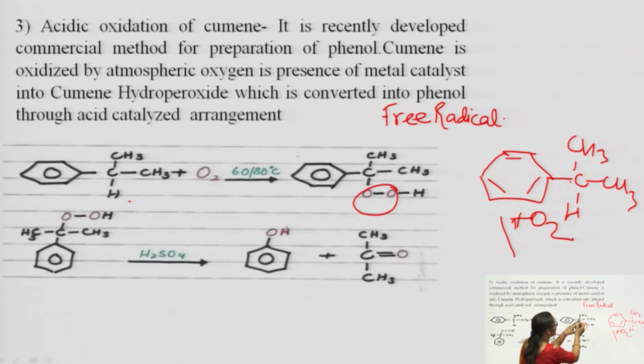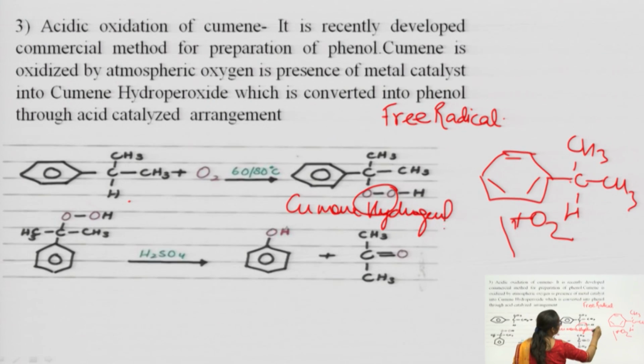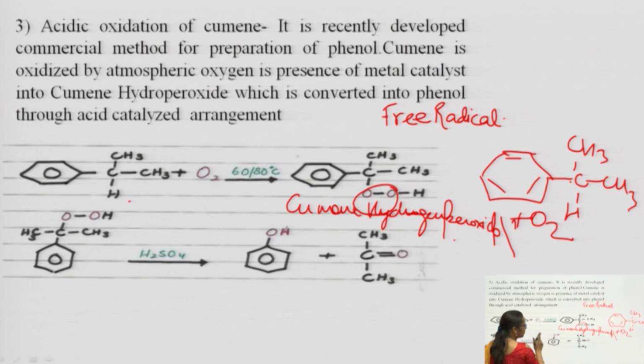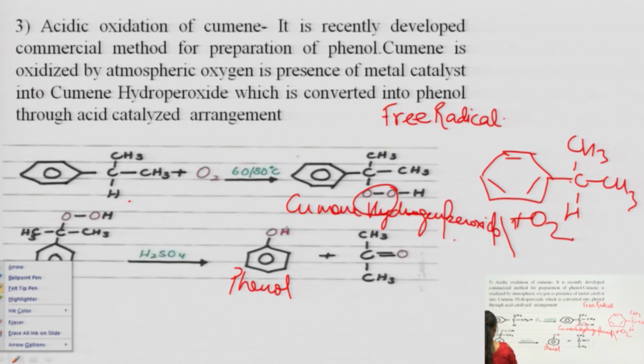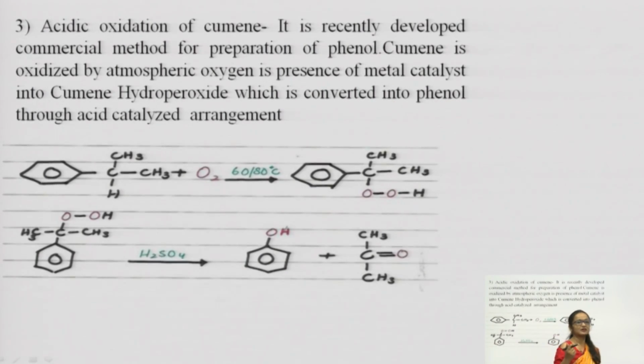What happens is that between carbon and hydrogen, two oxygen free radicals get incorporated, changing it into cumene hydroperoxide, right? This is the intermediate which finally gives two products. This point is very important. One product is phenol and the other is acetone. So these are the two products we get from this reaction, acidic oxidation of cumene, right?